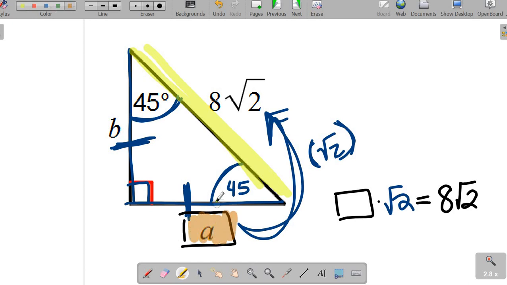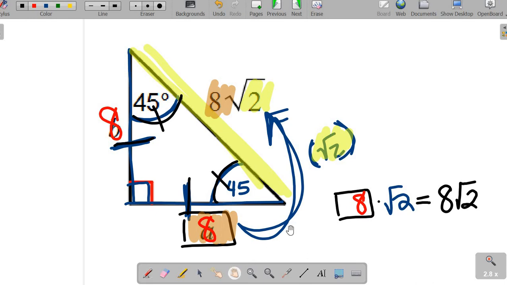What times root 2 is 8 root 2? And the answer would be 8. 8 times root 2 is 8 root 2. So if this leg is 8, that leg is also 8. Why? Because it's 45, 45, 90, leg, leg. The legs are equal. 2 equal angles, 2 equal sides.